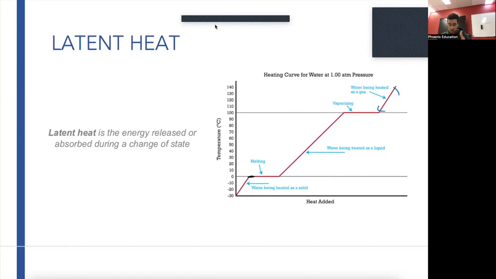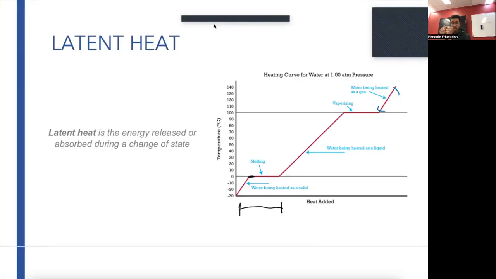Normally, when heat is being added to the system, the average kinetic energy of the system is increasing. Therefore, the temperature is increasing, right? But as this object is transitioning to a liquid, all this extra energy being supplied in this section is being used up to break the bonds of the particles.